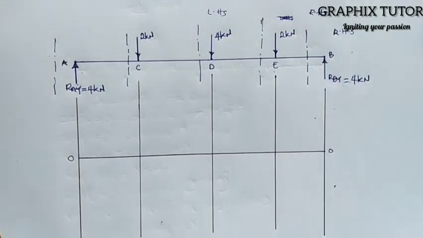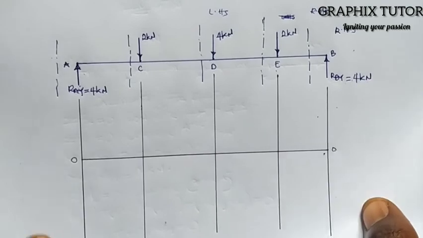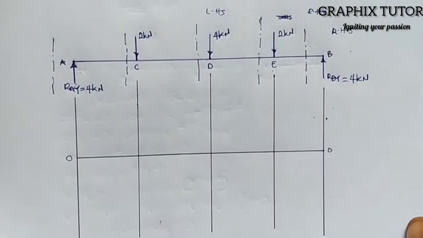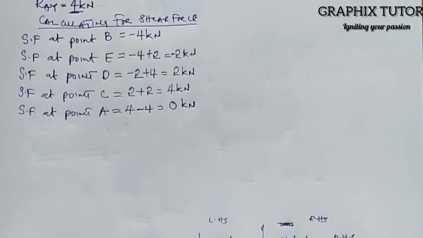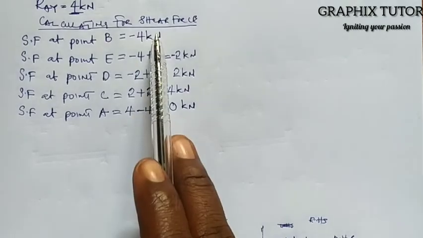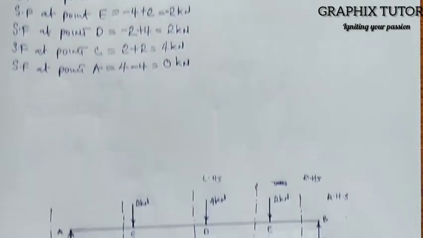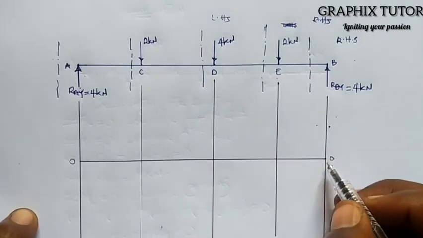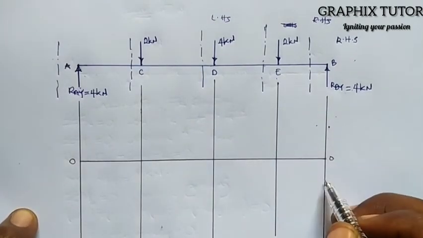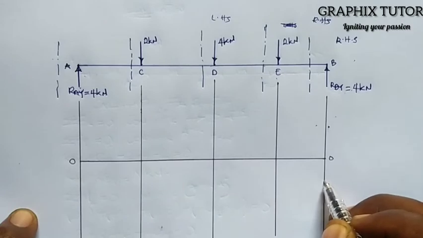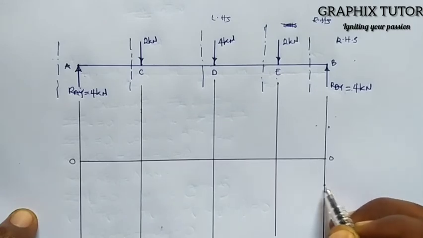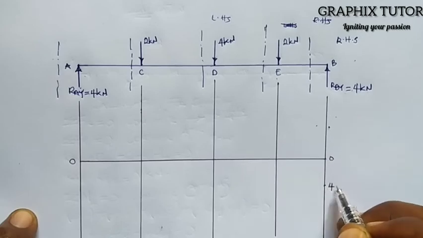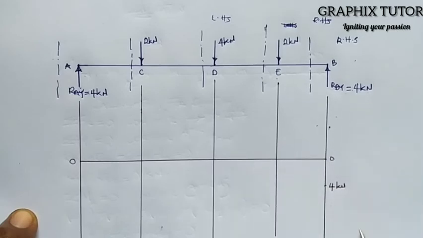So at point B, what is my shear force? At point B, my shear force is 4, minus 4, right? So it's going downward. So at point BD, my force is minus 4, so from 0, minus 4 is downward. Let me say somewhere around here is 4. Because it's downward, I'll not have to put my negative. I'll just put my 4 kilonewton, right?